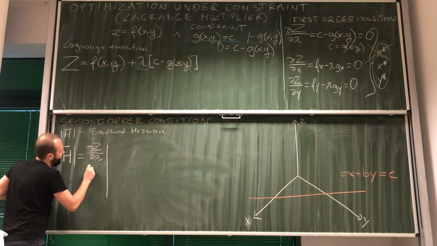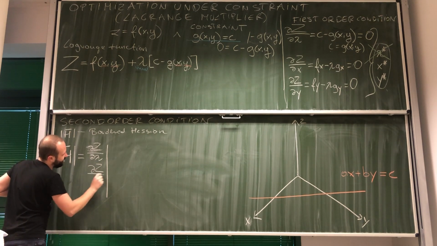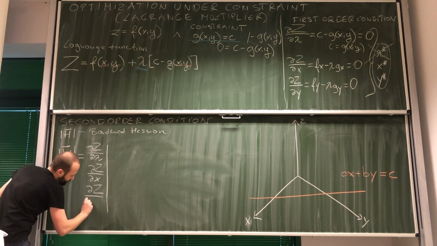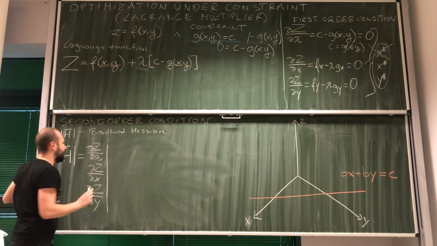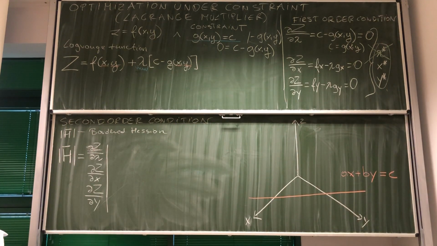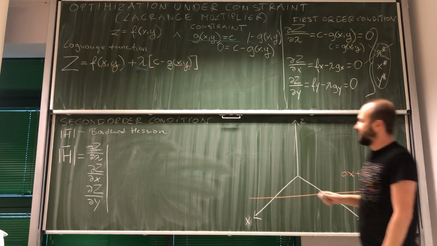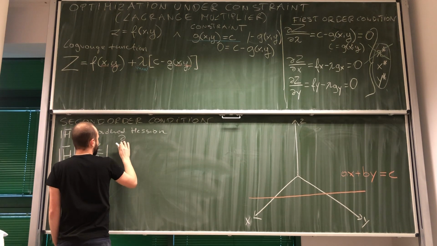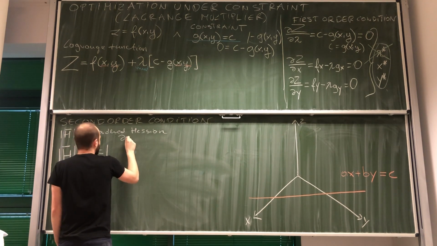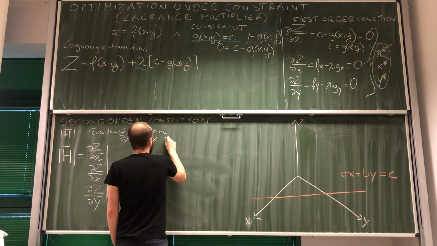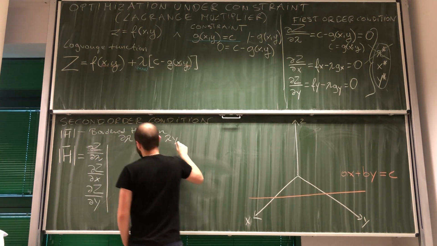Here we have the first partial derivative with respect to x, and here we have the first partial derivative with respect to y. And now look, each of these three derivatives I can differentiate with respect to lambda, with respect to x, and with respect to y.